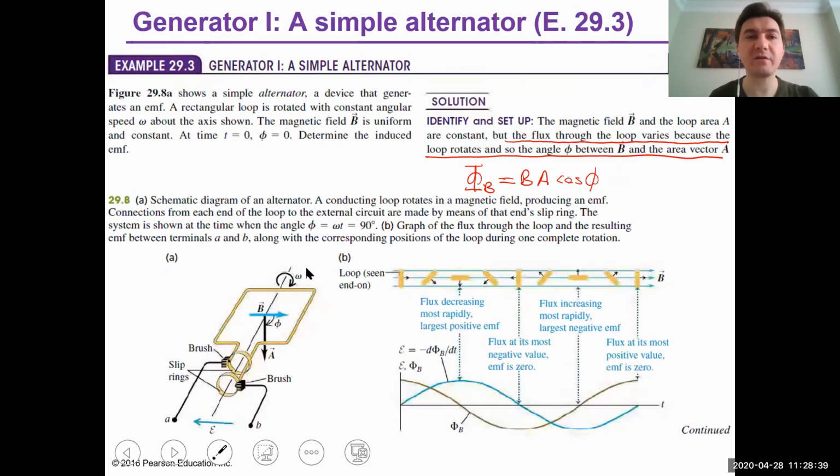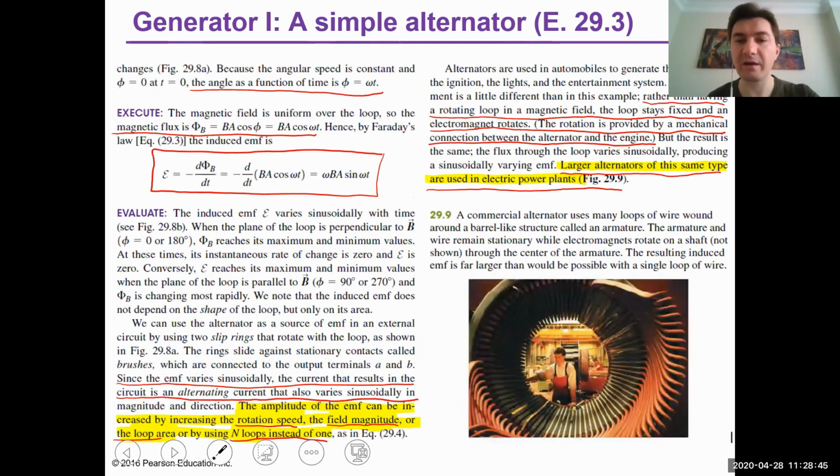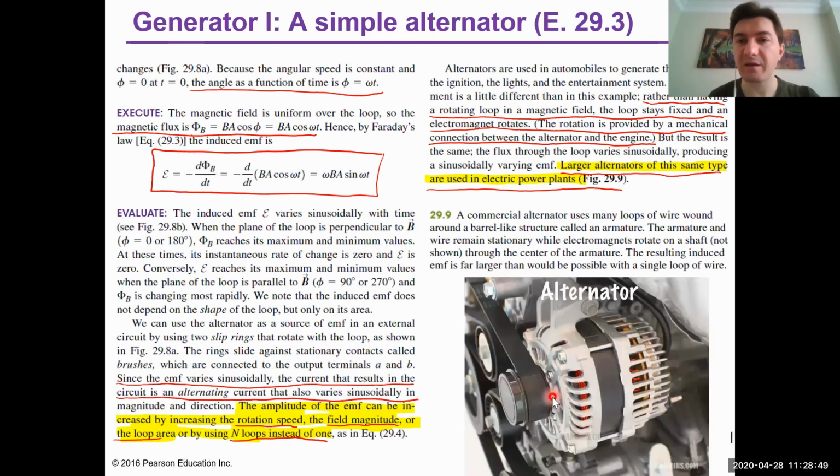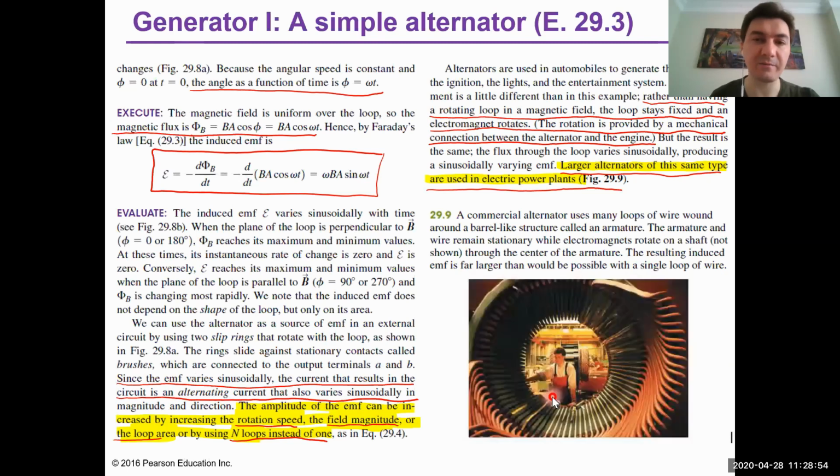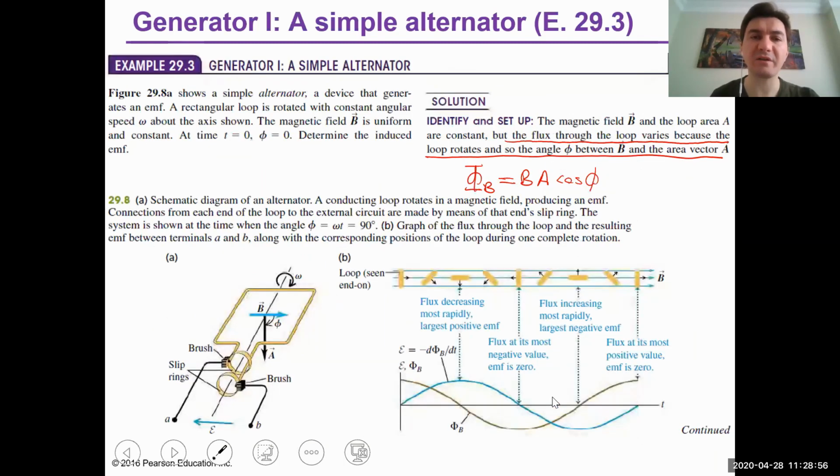Now let's have a look. Another example, a simple alternator, okay, this one's in the cars, or large alternators in electric power plants. They will talk about the working principle of the alternators. Here we have a picture, a device that generates an EMF.